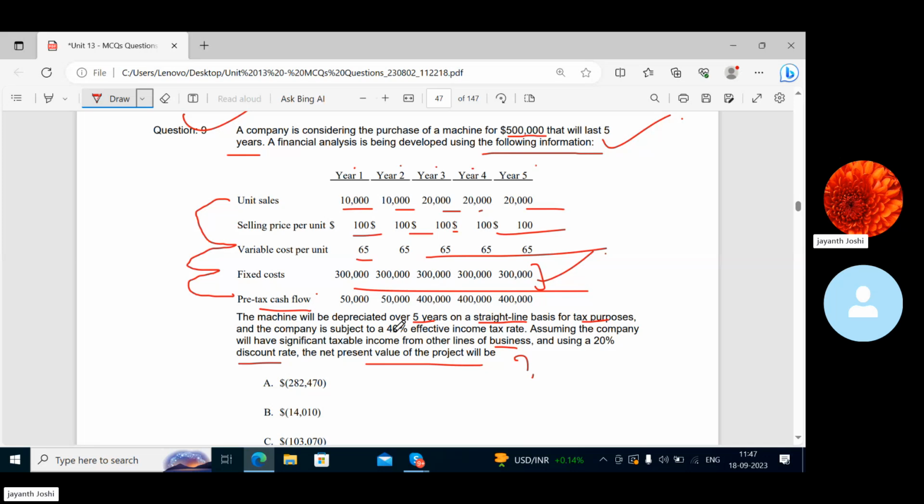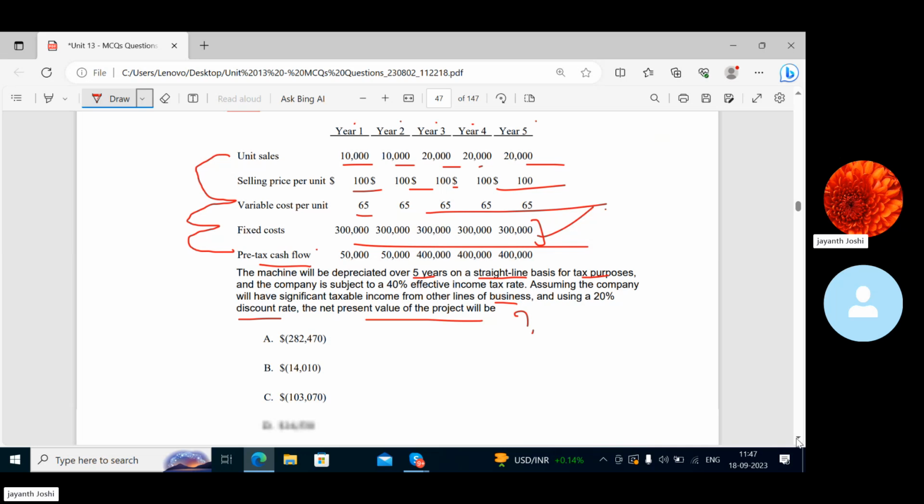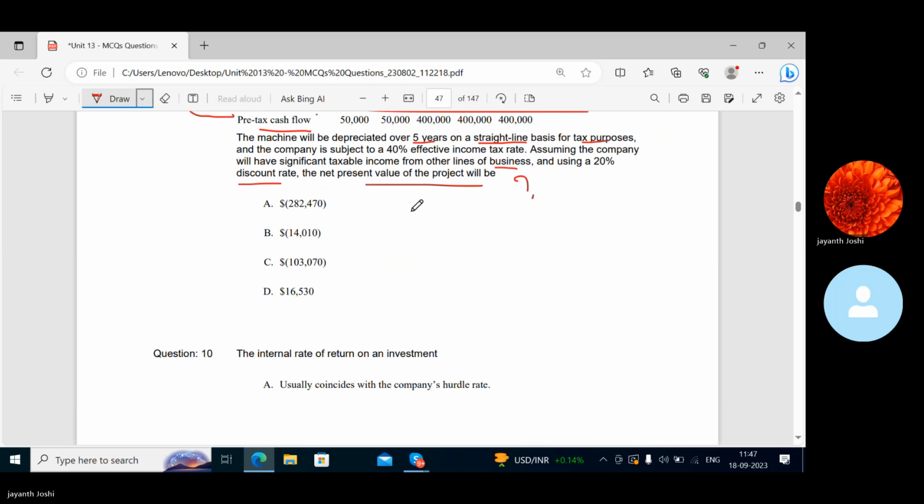But is that the only thing here? They have given some information about the straight line method, so I think the depreciation tax shield comes in. Shall I do this? Yes. After-tax cash flows.